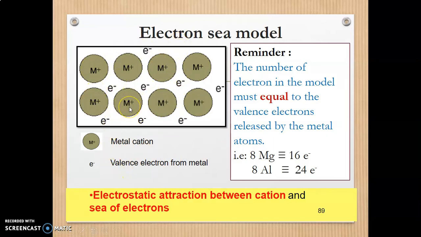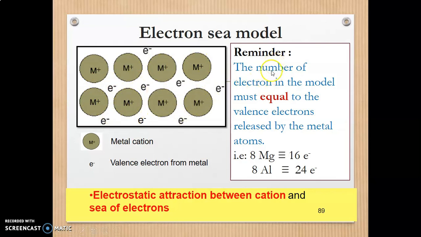This is the metal cation, and this one is the valence electron from the metal. We can see that the metal has a positive charge, meaning it has one valence electron. We have a total of 8 cations here, so we must have 8 valence electrons.